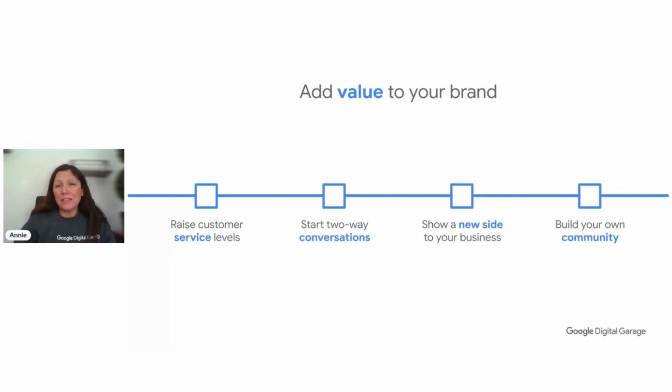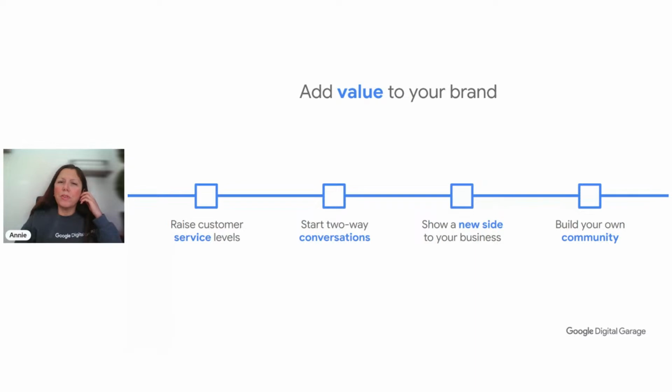So if we know there's a reliable customer service there that is going to be responsive, answer us and care about us, we are more likely to buy from that brand or that particular company. So raising those customer service levels through social media, for example, using the chatbots to be available round the clock or answering those questions as they come through, is certainly a way to help supporting value for our brand.